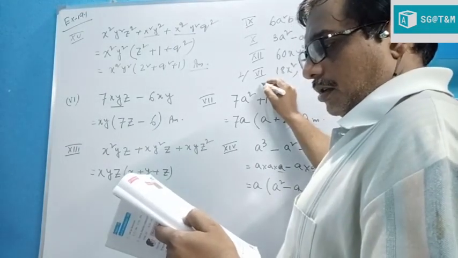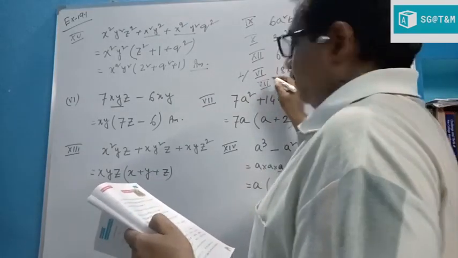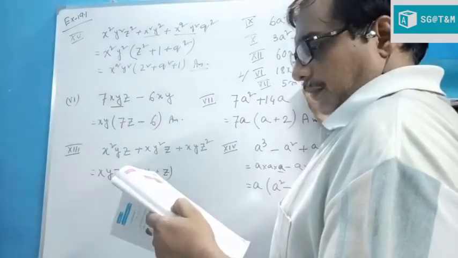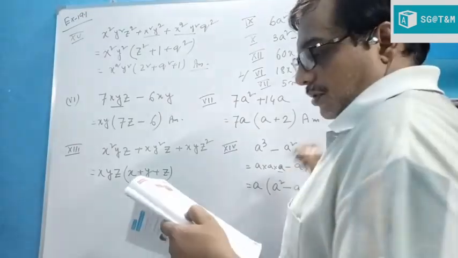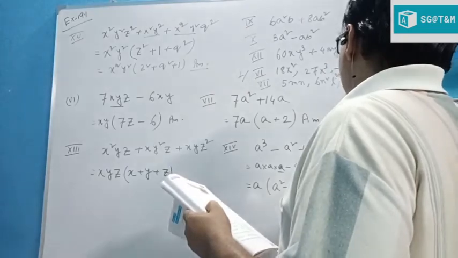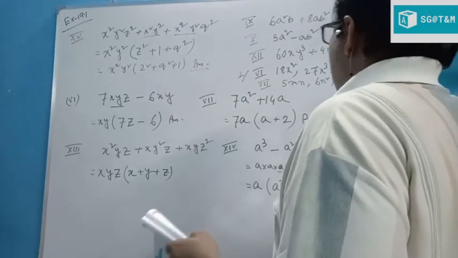And 7 is 5mn, 6 l square, it is not 1, it is l square, and 7 l cube m square.